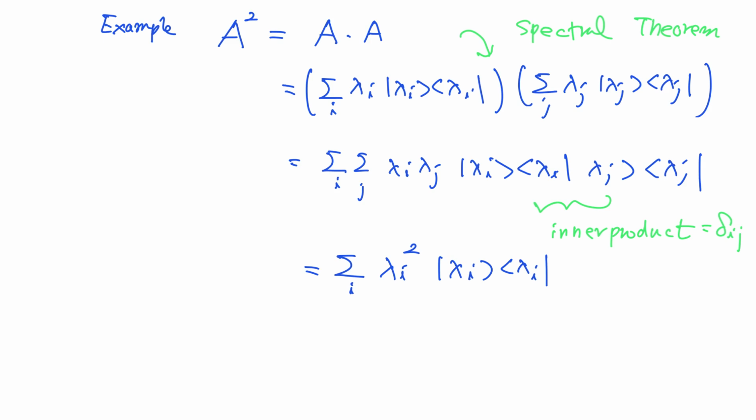But the inner product between lambda i and lambda j forces the summation to vanish when i and j are different. And they only survive when i and j are the same, right? So even though the initial summation is over i and j, the final summation will be just over i, and lambda i lambda j equals lambda i squared.